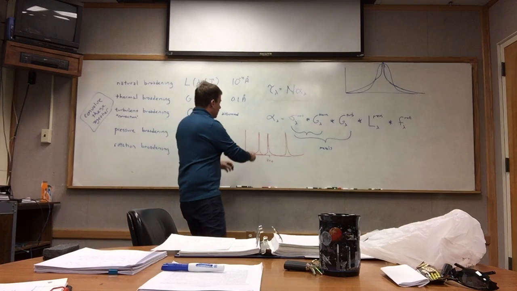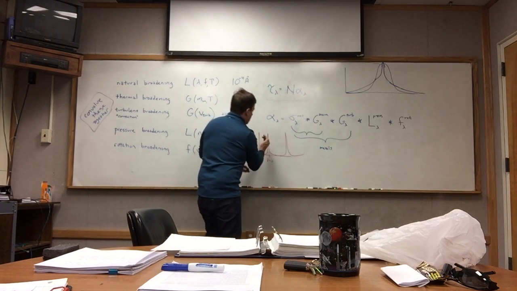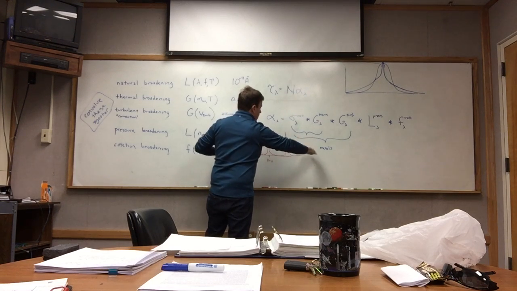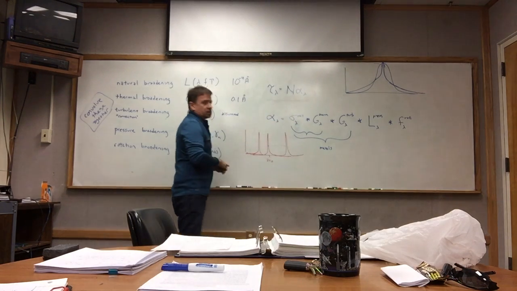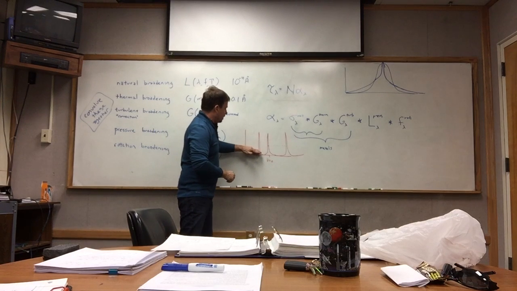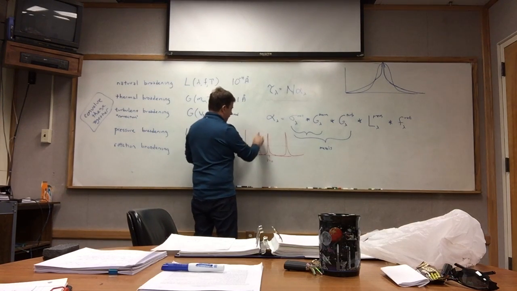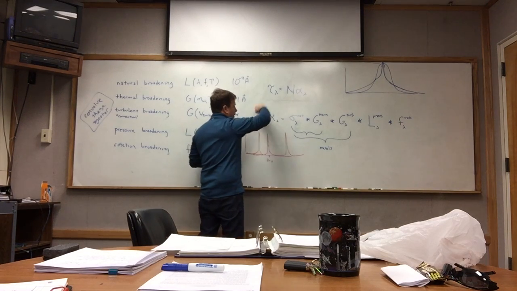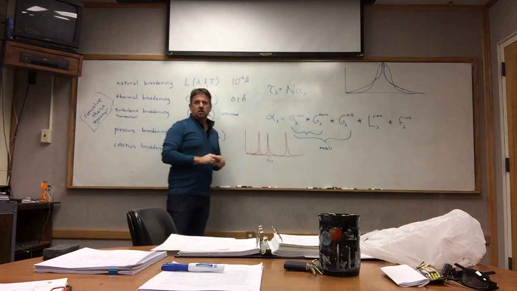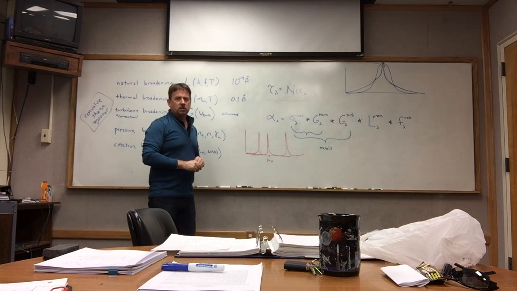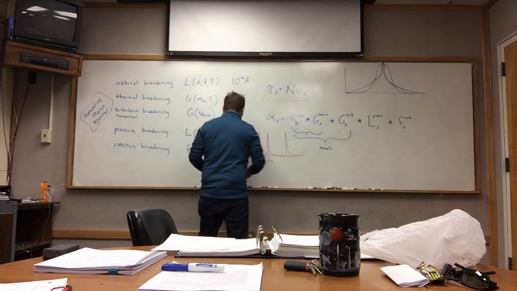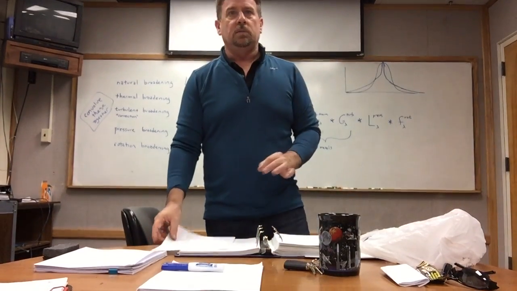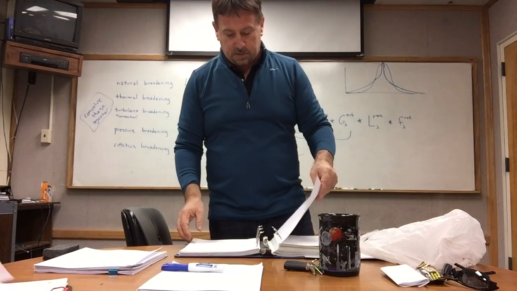So you're taking this narrow profile and you're convolving it with a distribution of velocities. You're weighting the peak of this, basically, by the distribution of the velocities. That's basically what the convolution is. And you get out a new function, which is called a Voigt profile, or a Voigt function.